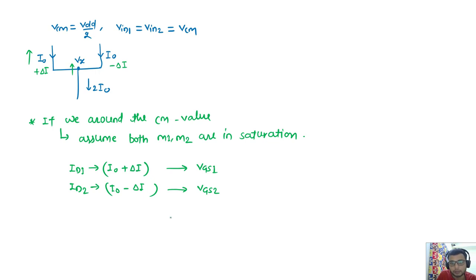If they are in saturation, we know one relation: VGS is the square root of 2ID1 over some constant term, W by L, plus VTH. Everything else is constant, so if ID1 is increasing, then VGS1 should increase.